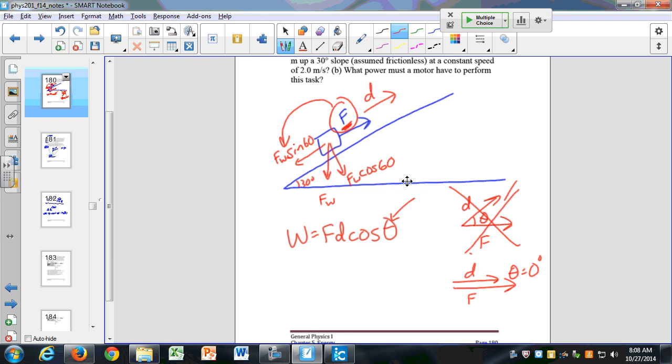That angle is the angle between your two vectors, F and d, of your dot product. If they're in the same direction, as they are in this case, it's equal to 0. I just didn't know that it was the angle between the force and the displacement. Yeah, I understand.